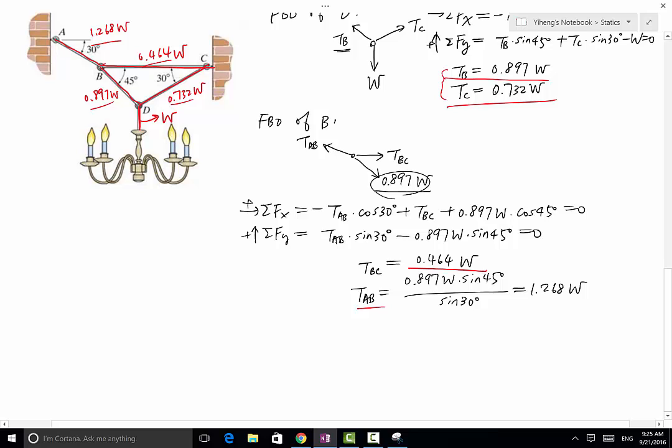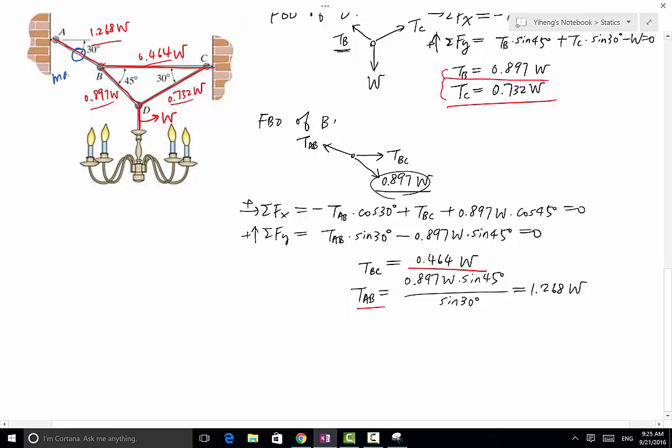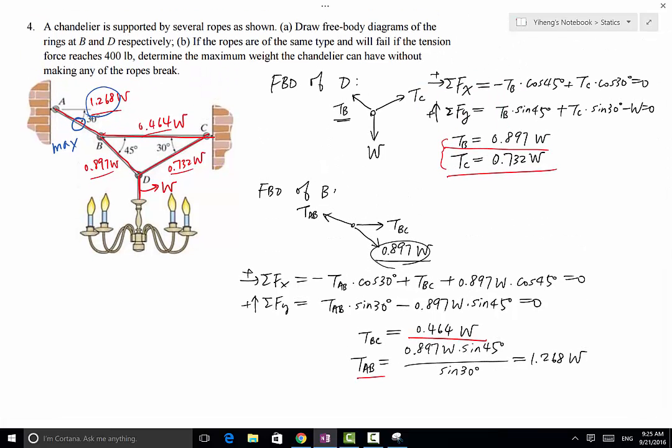Therefore, in any circumstances, the tension force in cable AB is always the maximum, because this coefficient is the largest out of all the coefficients. So if any rope is going to break first, it must be rope AB, because it's always bearing the largest amount of tension force. We know from the problem statement that the rope will fail if the tension force reaches 400 pounds.